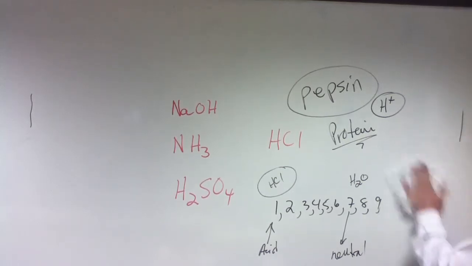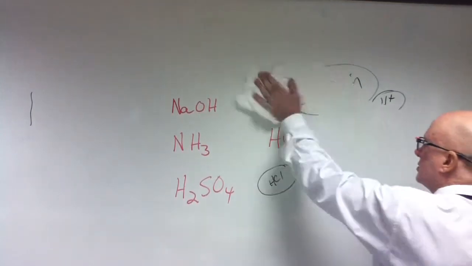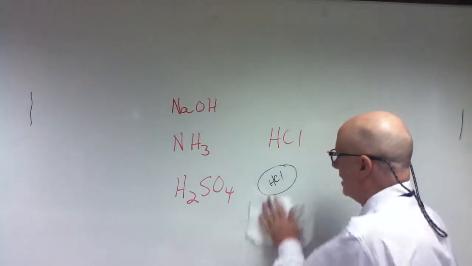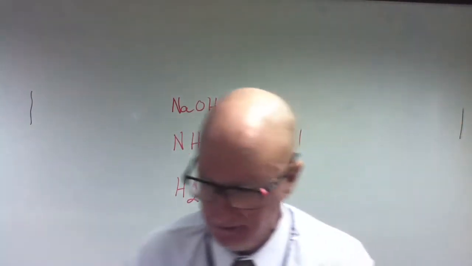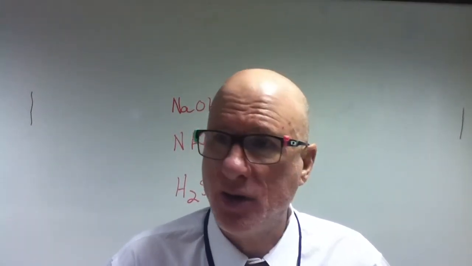Okay, so what is one of the main points? TJ said pH. Yes, you can measure the pH, but what is one of the main points that tells you whether or not an acid is going to be strong or not?